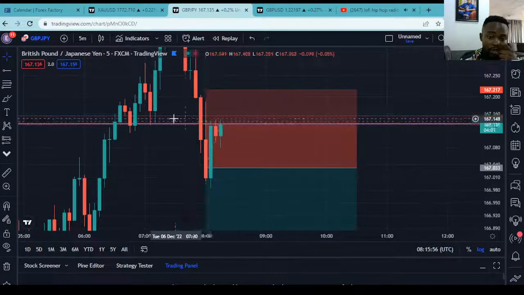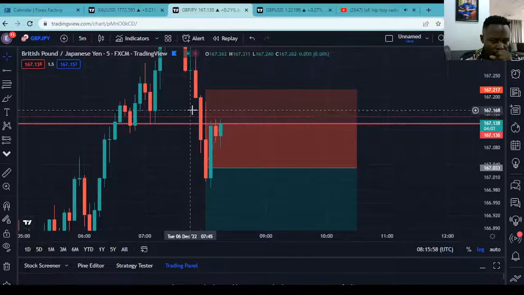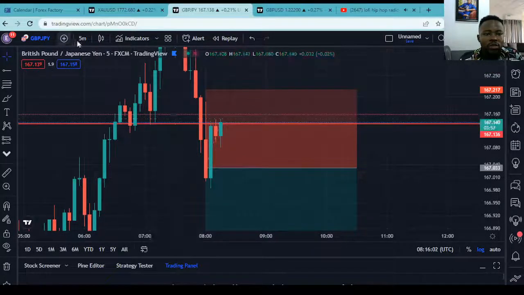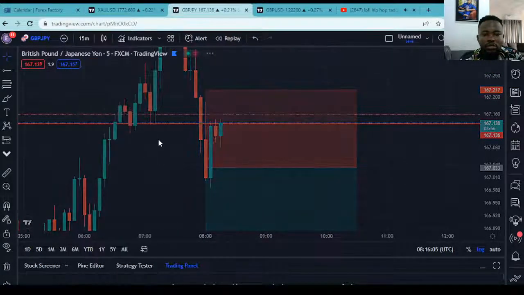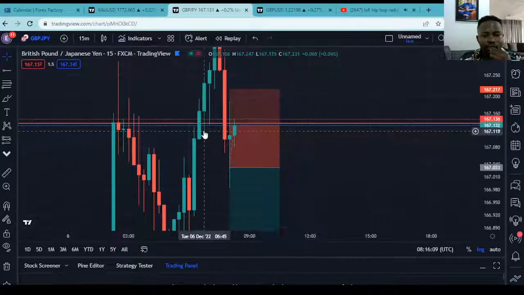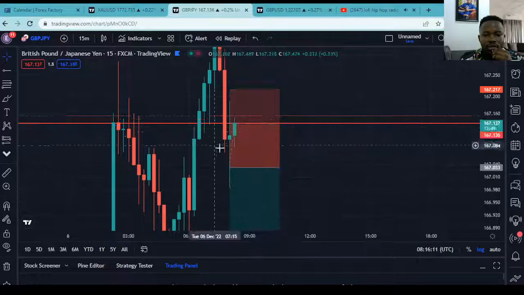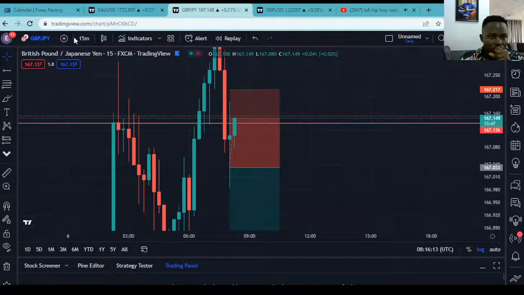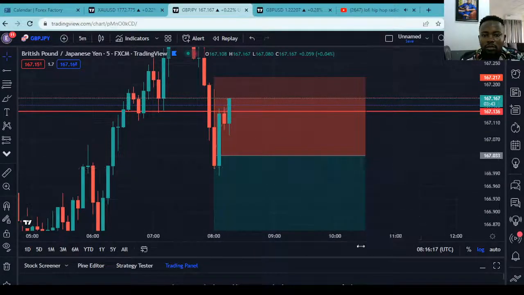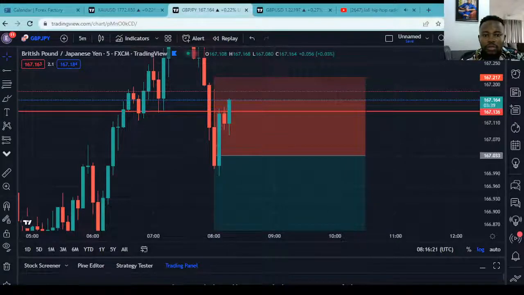If this 5 minutes candle should break above here, I'll close another 50%. Because I don't like, okay, we're breaking above there. So right here I closed another 50%, right?